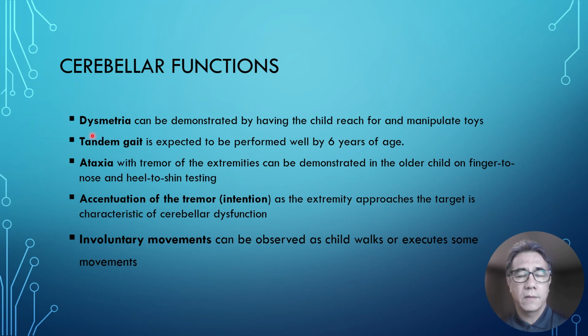Now, cerebellar dysfunction, such as dysmetria, ataxia, and tremors in involuntary movements, can all be cerebellar in origin. It's not just ataxia, but accentuation of tremor, especially when a patient approaches the target. That's characteristic of a cerebellar problem.